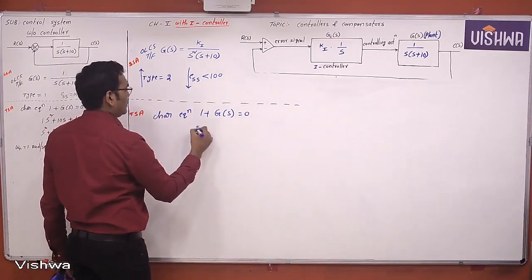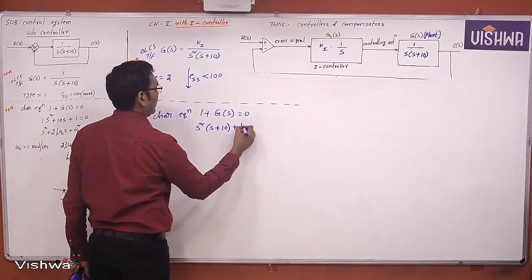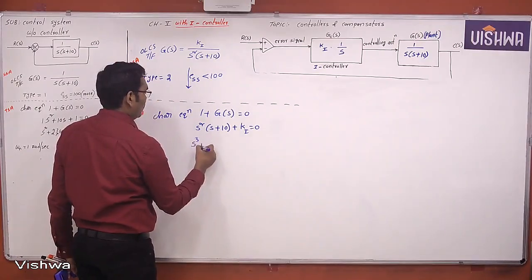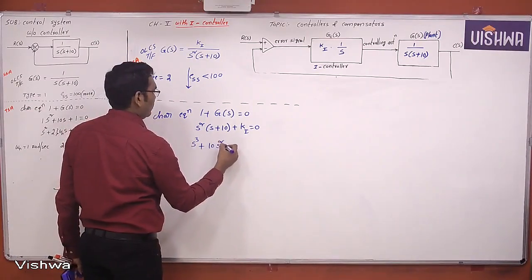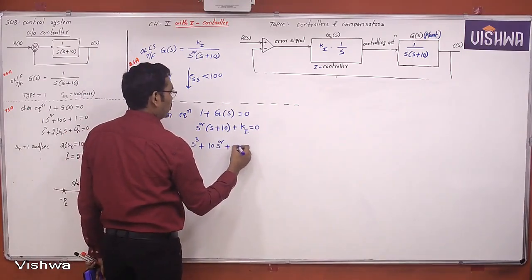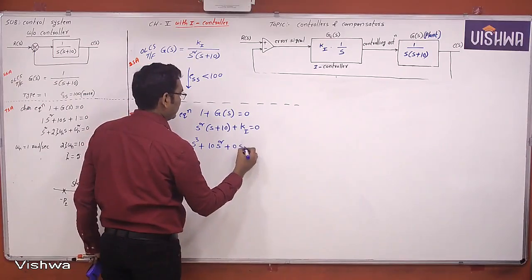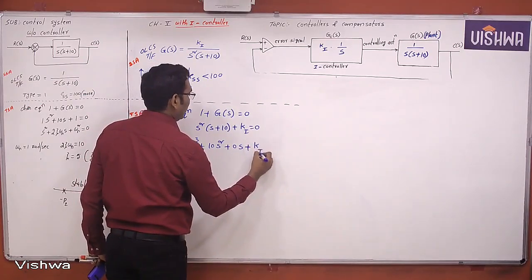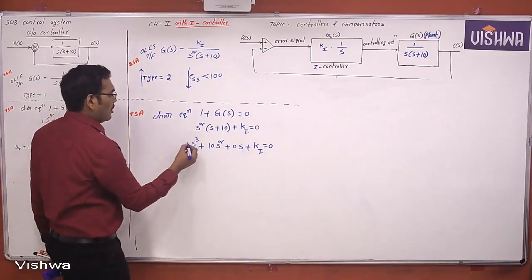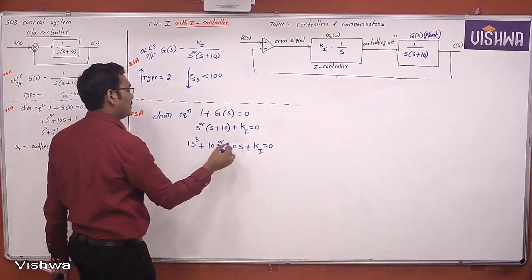Therefore, S square into (S plus 10) plus Ki equal to 0. Therefore, S cube plus 10S square plus 0 into S plus Ki equal to 0. This is the characteristic equation of order 3.